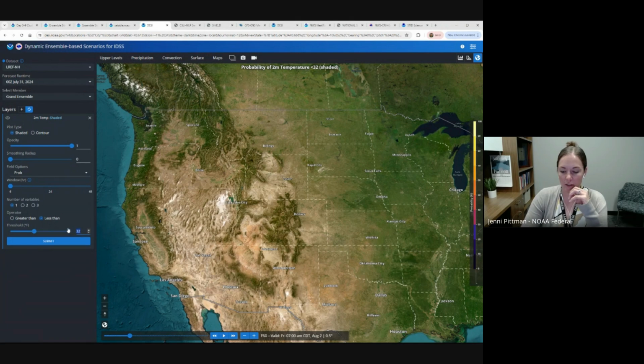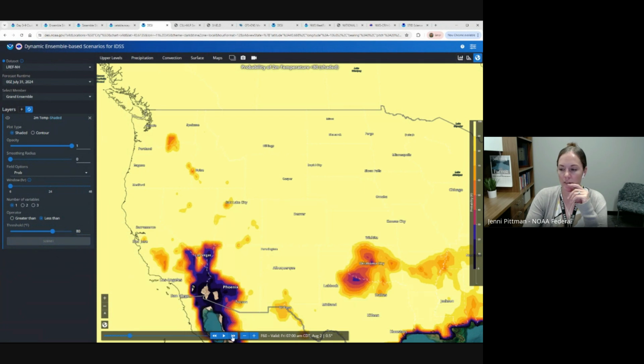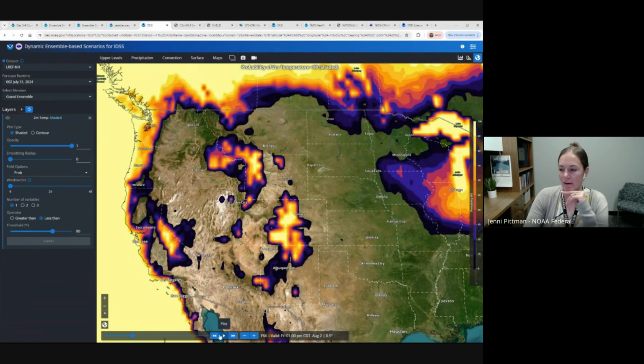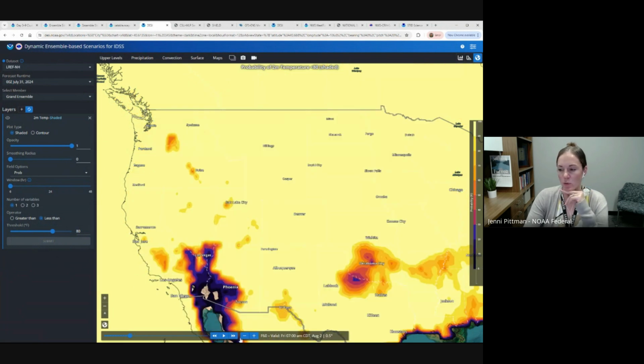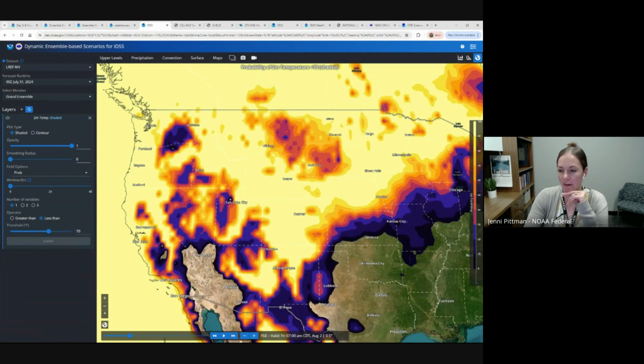I actually think the best way to do it would be less than 80. Let's see. So we can see what the probability is that our low is going to get below 80. And out in the West it is, because it's a little bit drier, but that's the type of threshold that you could be setting for cooling shelters. Maybe 70 is the magic number.